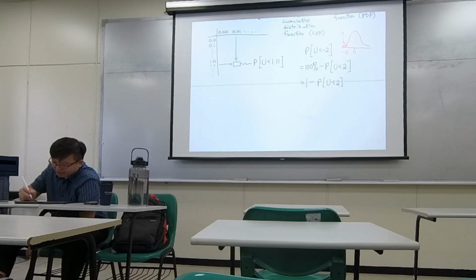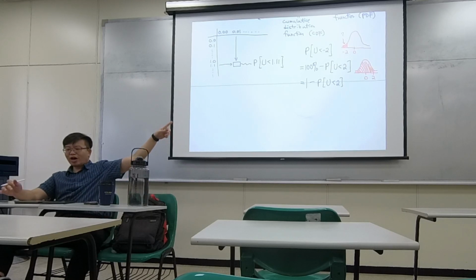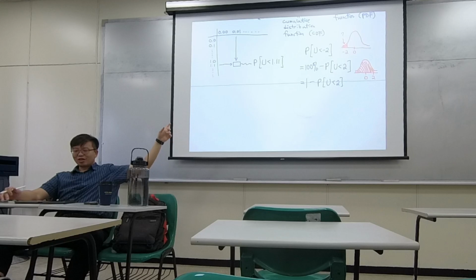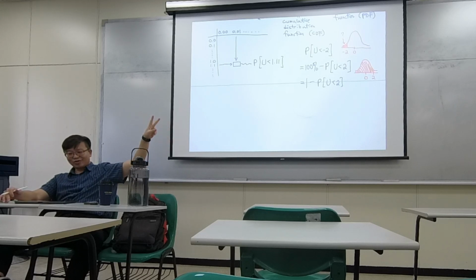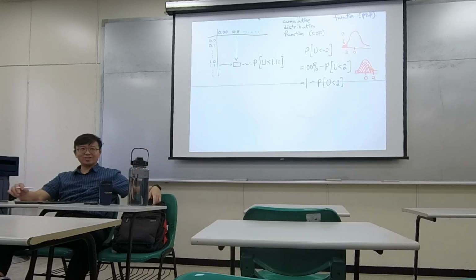But if you flip it, here is 1, here is 2. Only the positive U can be found in the standard normal table. So you compute P of U smaller than 2 and use 1 minus that value, then you got the answer. Okay?